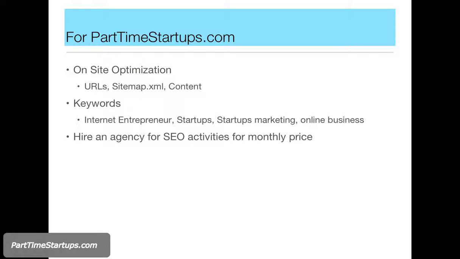If I spend more, I get a more experienced person. So I have to trade off, and I'm going to hire an agency to take care of these SEO activities for me. And I'll start posting interesting articles and useful information on my site as well as other sites. So that is my goal for part-time startups SEO activities.